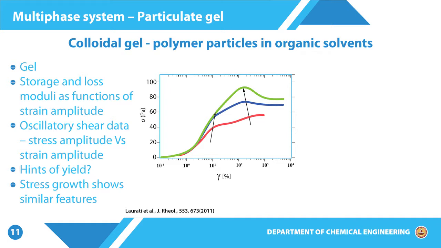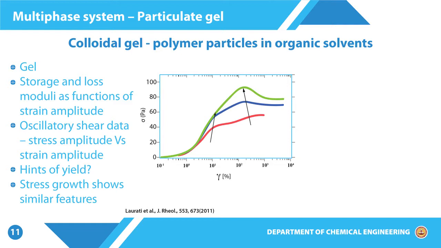In closing we will also look at colloidal glass, where the structural features of materials can be easily investigated by looking at again oscillatory shear, and here what we are seeing is as the particle fraction changes, and in this case these are polymeric particles in a solvent, we can see that both G prime and G double prime are largely independent of frequency, with G double prime showing a slight dependence.